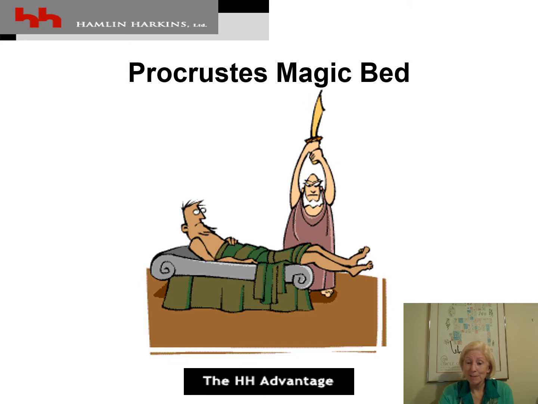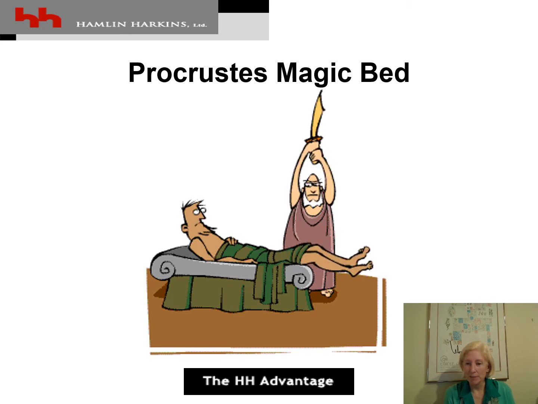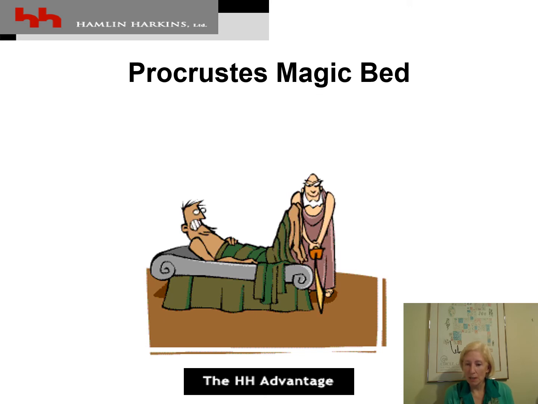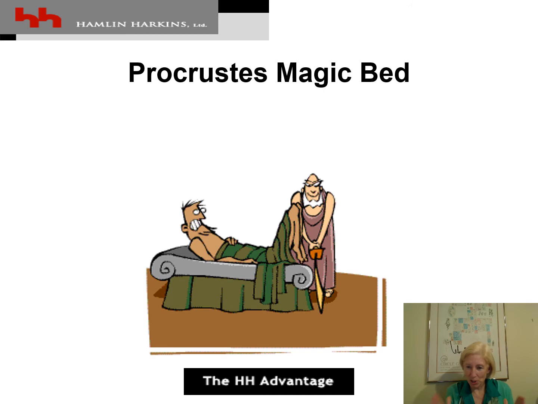comes from an old mythology around Procrustes, who had a magical bed. He loved to have people come visit, but he wanted to make sure that the bed was snug and comfortable for whoever was sleeping there. So if somebody was too short, he had pulleys and slats and he would tighten the bed and make it just cushy for them.